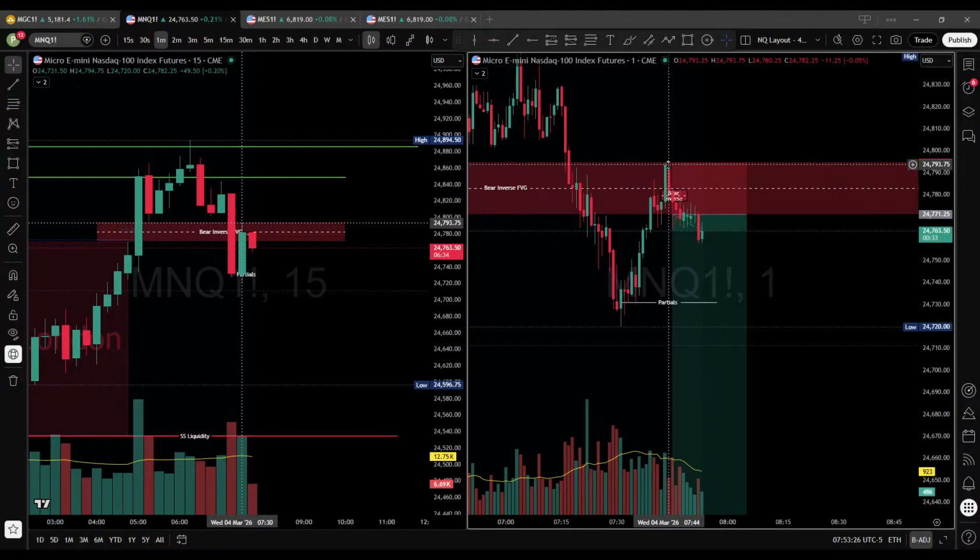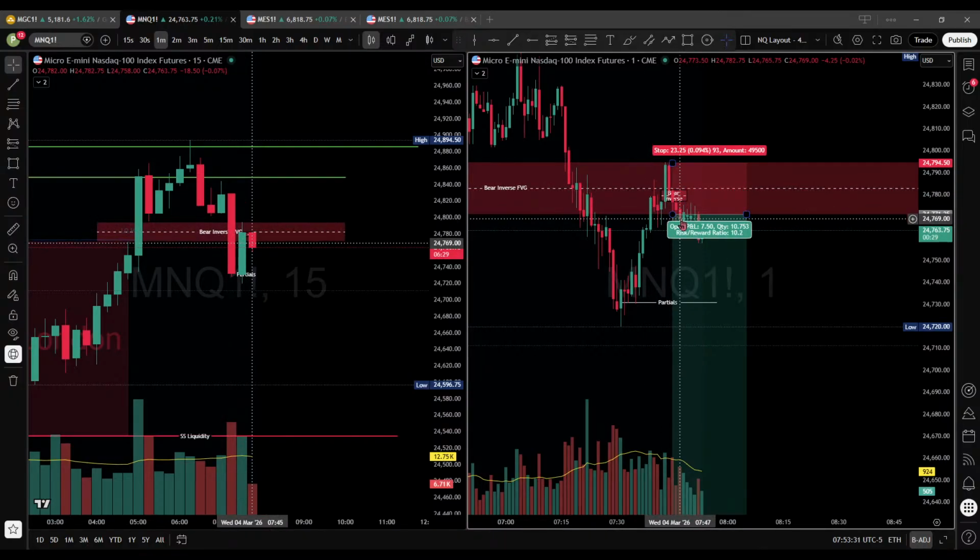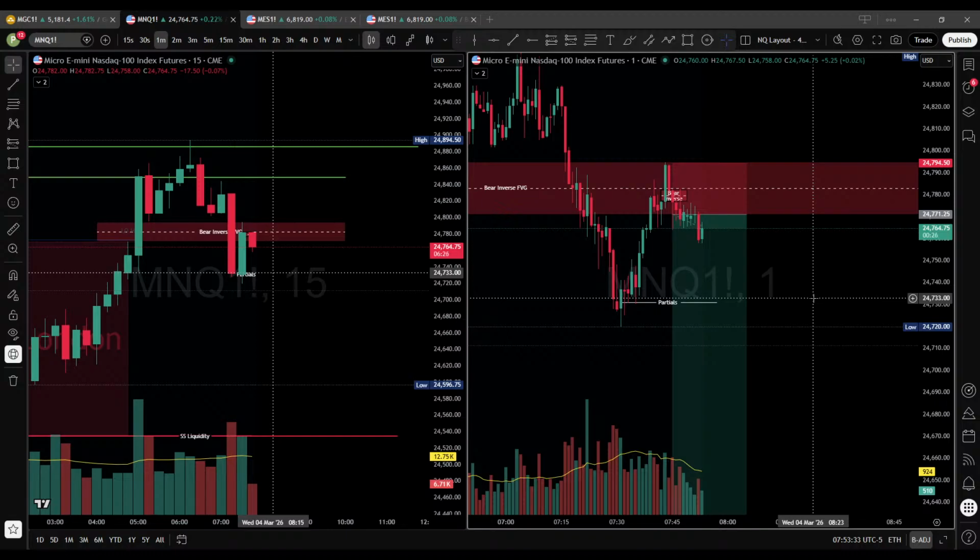I might be looking to minimize the risk at 783 about this right candle's high, but I'm still waiting.